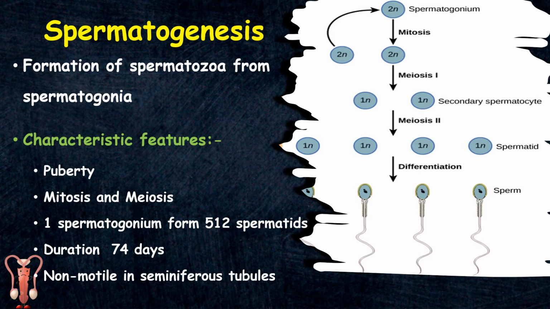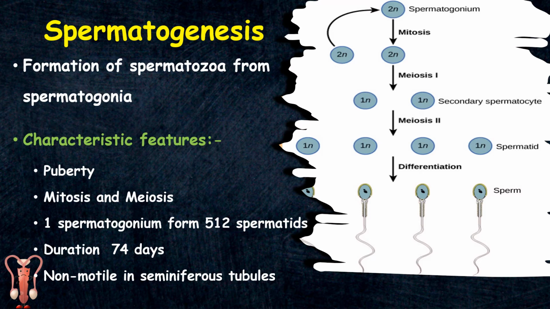The majority of the spermatogonia undergo continuous mitotic division to provide additional stem cells. Only a minority of the spermatogonia undergo further differentiation by meiosis, a process which is unique to the germinal epithelium. Each differentiating spermatogonium develops into 512 spermatids.